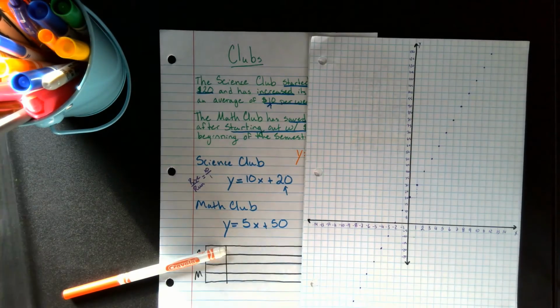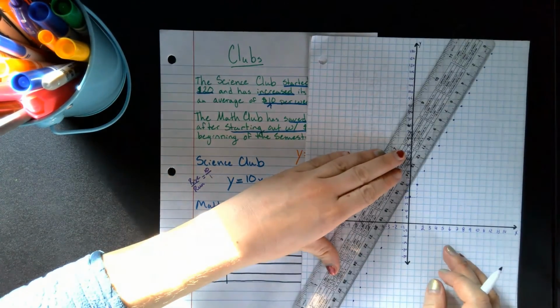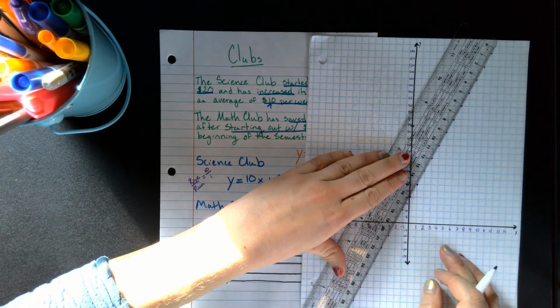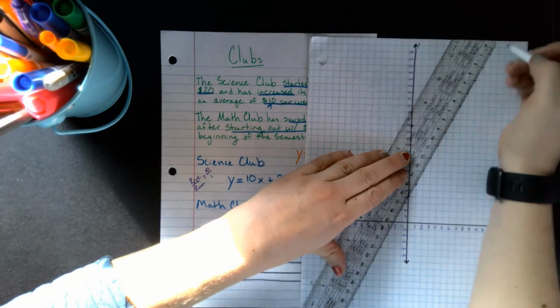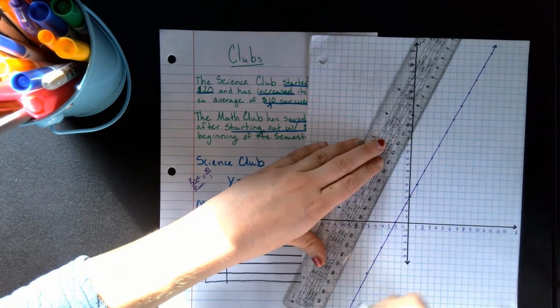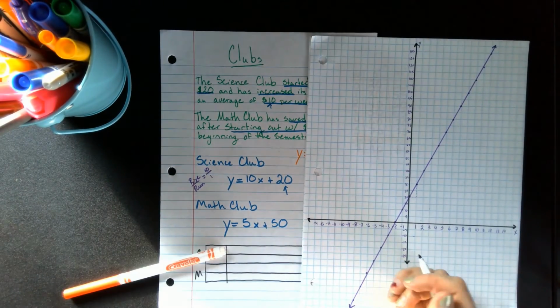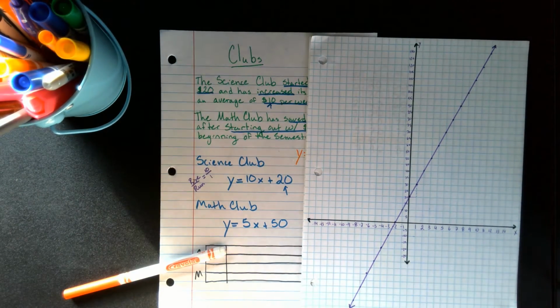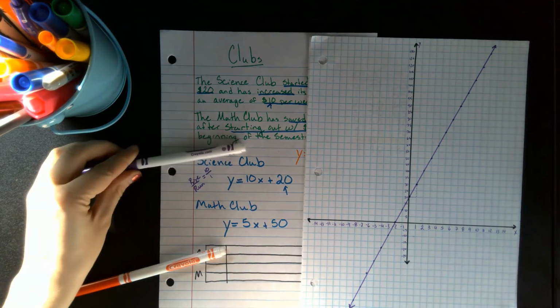So, and now we're going to connect all of our dots. There's a lot of them, but because I did it on a graph, it should all line up. If you're doing this on normal paper, it may not totally line up, and that's okay. But try to get the line to go through all of your dots, if not evenly, but try to get them all. Okay, so purple equals Science Club.